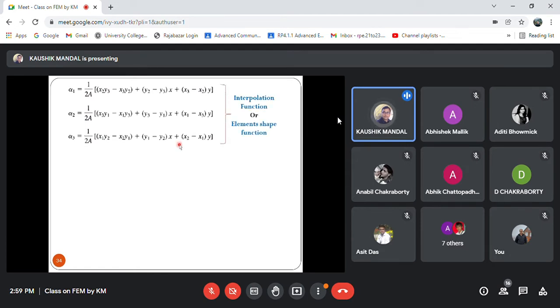So this set of alpha I is basically known as the interpolation function or element shape function, where A is representing the area of the element E. So 2A is equal to this particular form. You can easily calculate the area of the corresponding element by this equation.